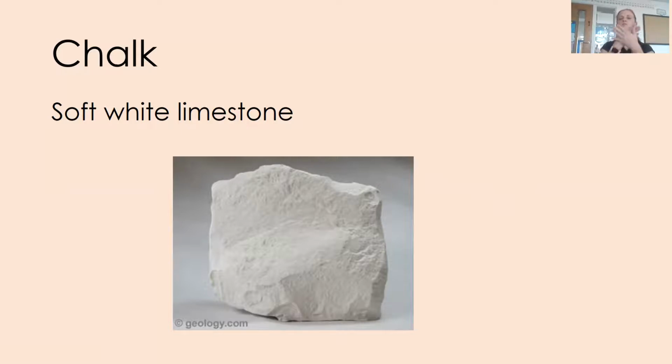Chalk is a type of soft white limestone. And we were talking in our story of Mary Anning about the chalky cliffs, so it's a soft type of stone that can flake and fall away. So soft white limestone is what chalk is.